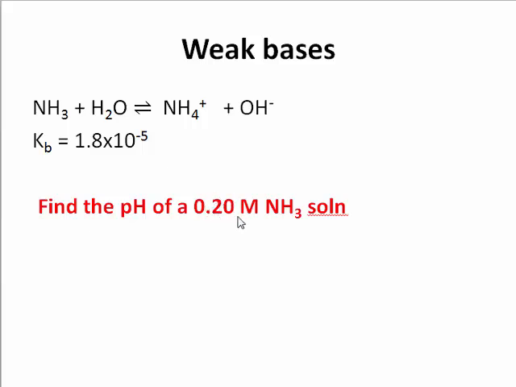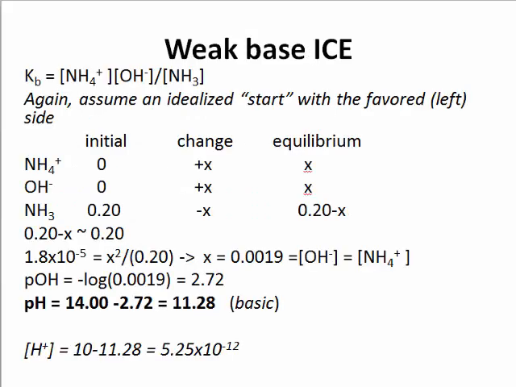The approach is essentially analogous to that for weak acids. You assume an idealized case in which you start out with pure 0.2 molar NH3, then the reaction runs to the right until equilibrium is established. So, the ice table for a weak base. The equilibrium expression is ammonium times hydroxide over ammonia.